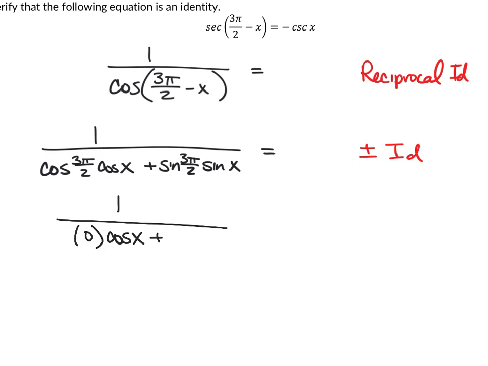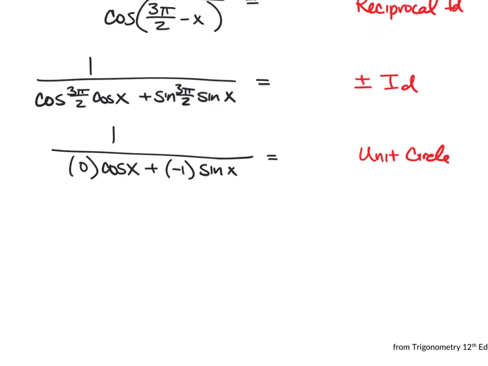And then what is the sine of 3 pi over 2? -1. Now this is all going to simplify down really quickly. 0 times anything is just 0, and -1 times anything is just the negative version of that anything. So this all becomes 1 over negative sine of x.